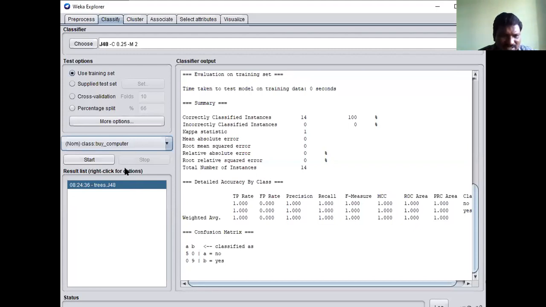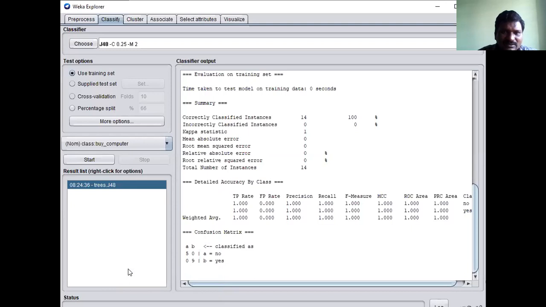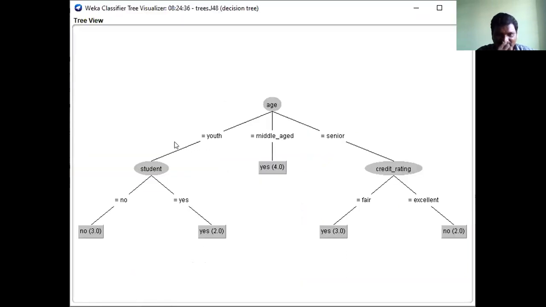Next time, if you give this information, it will generate different rules here. From these rules, it will generate the decision tree. Here the decision tree appears like this. It will generate the decision tree.